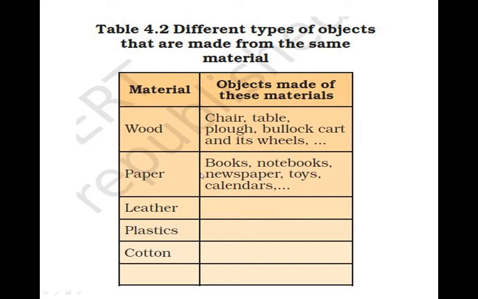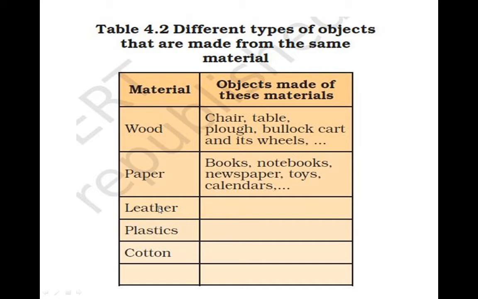Next material is paper. From paper, which objects can we make? Like books, notebooks, newspaper, toys, calendars. All these are objects that are made from paper. Understood? So paper is a material. Next, there is leather, then plastics and cotton.